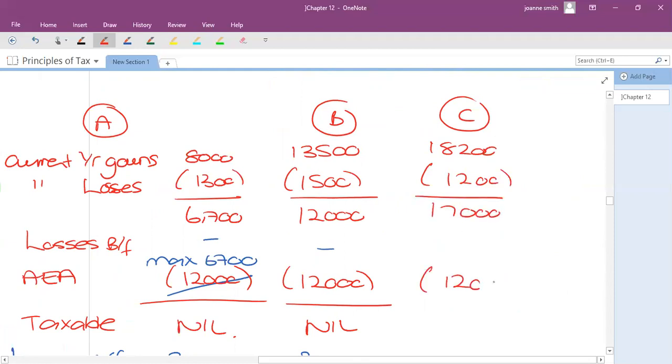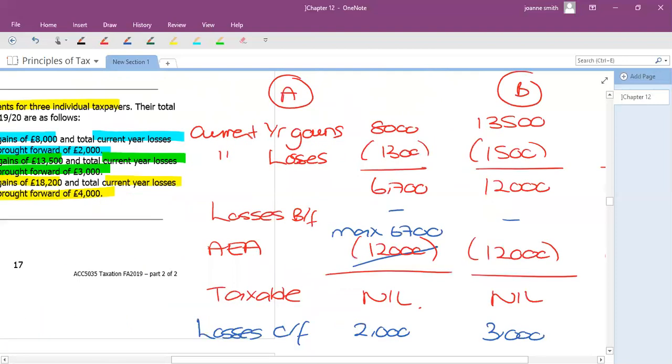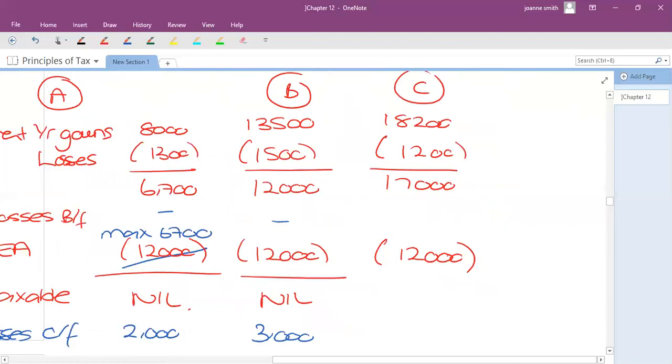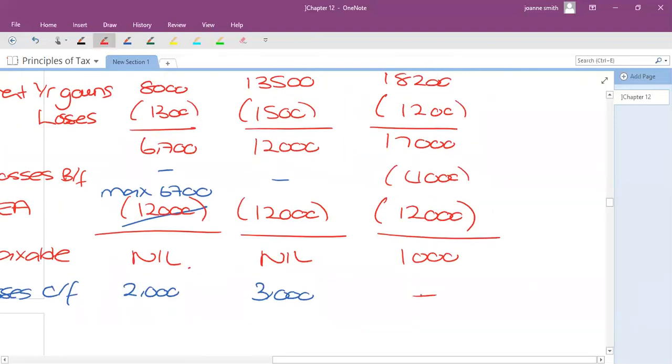Take off the annual exemption first to see where we are. Well, we've got a taxable gain of 17,000, the exemption's only 12,000, so I've still got 5,000 to tax. So if we look at what we've got to use of the losses brought forward, well, we've only got 4,000, so I can't get the taxable amount down to 0, but what I can do is reduce it to 1,000. So in that case, I would use the losses, and that means I've got nothing to carry forward.